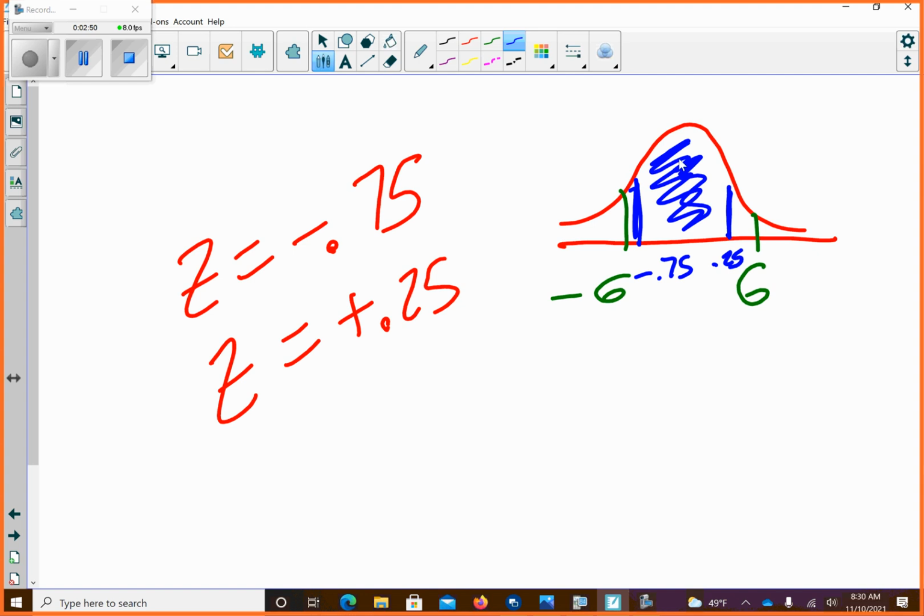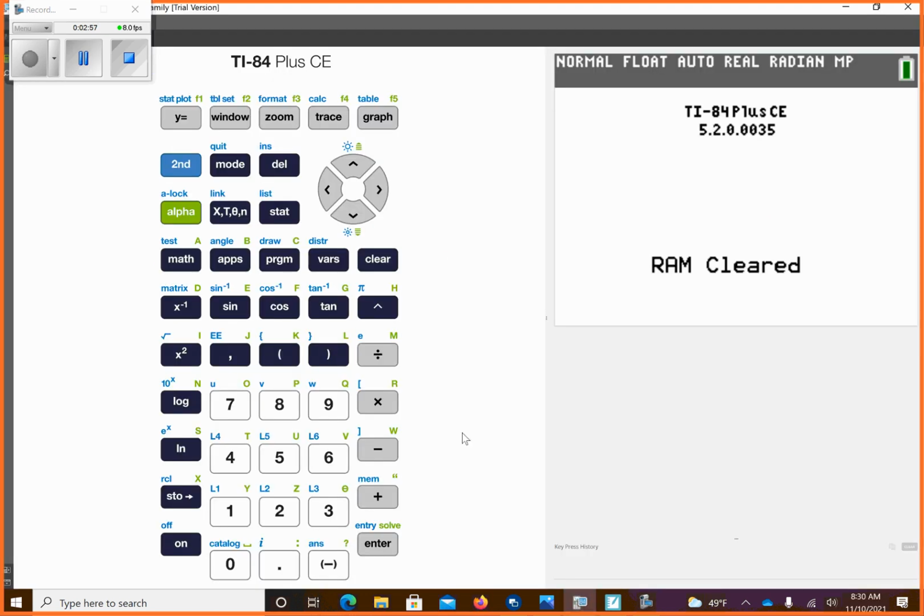So I'm going to hopefully hop over and make this work on the calculator. We'll see. All right, so on the graphing calculator, I have the screen up there. So where are we going to find this? Our graphing calculator can calculate this percentage. It takes calculus to work with math by hand, and we're not going to do calculus.